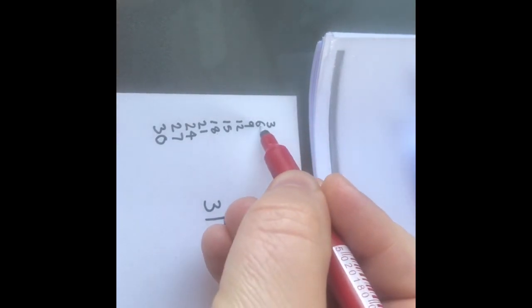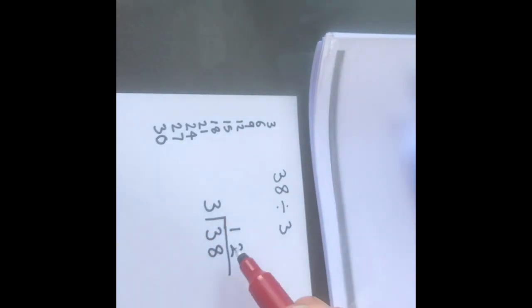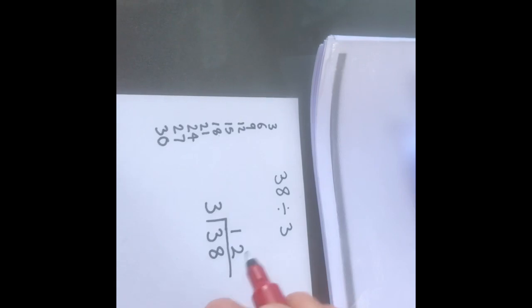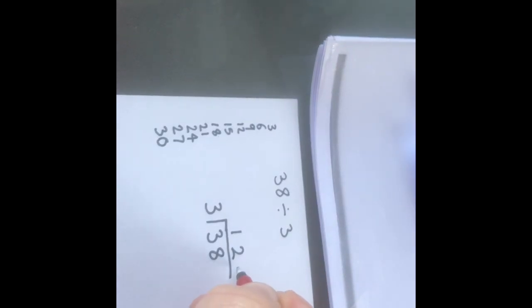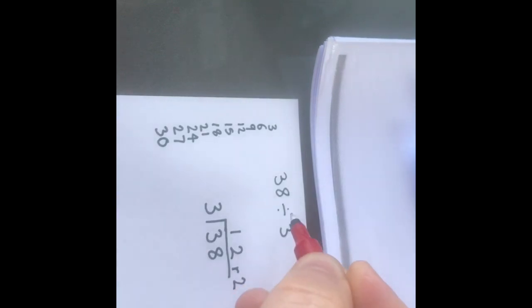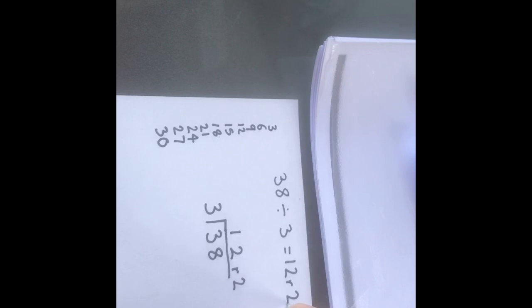And because we stopped on 6, what's the difference between 6 and 8? And that is our remainder. The difference between 6 and 8 is 2. So 38 divided by 3 equals 12, remainder 2. And we use an R to represent remainder.